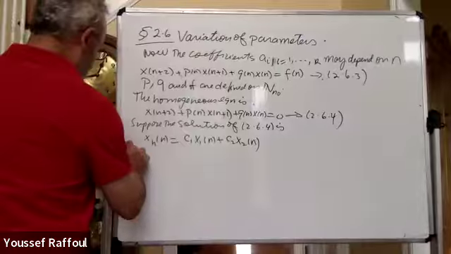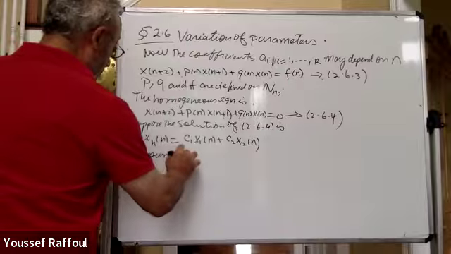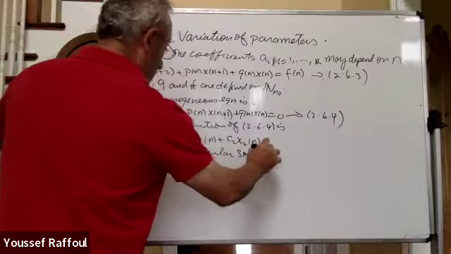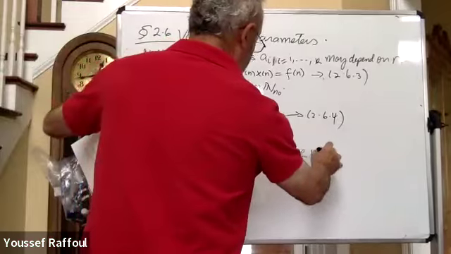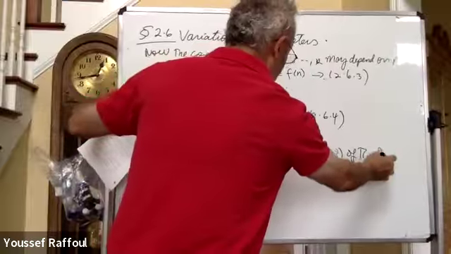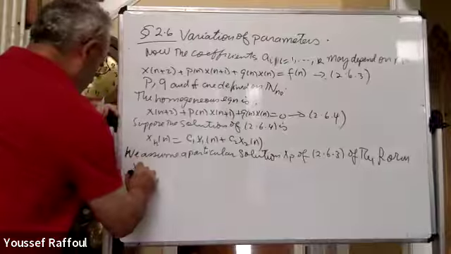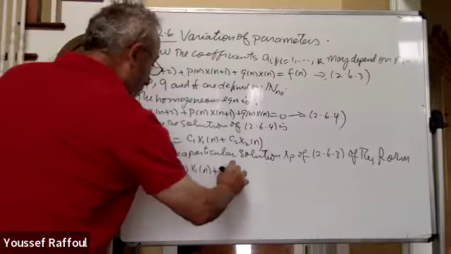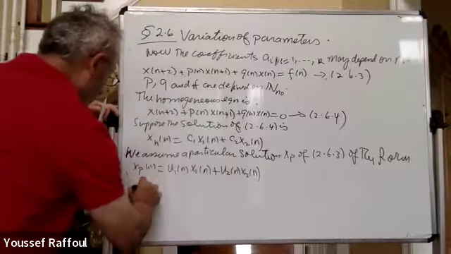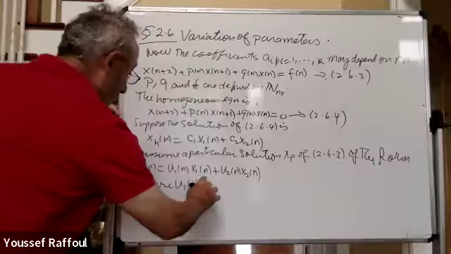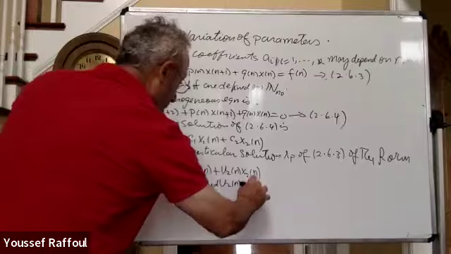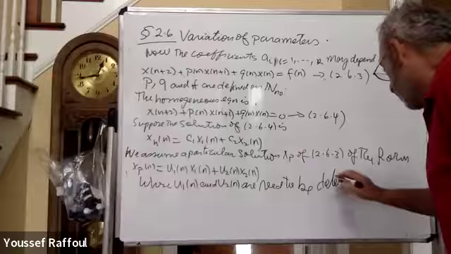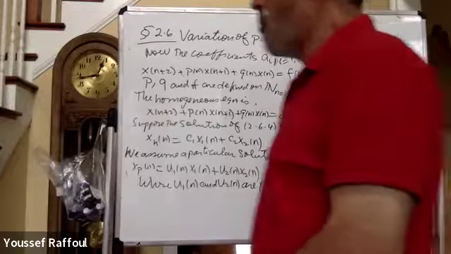Now we assume a particular solution xp of 2.6.3 of the form xp of n equals u1 of n x1 of n plus u2 of n x2 of n, where u1 of n and u2 of n need to be determined. Okay? They need to be determined.